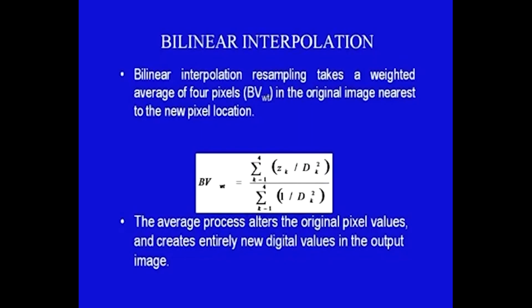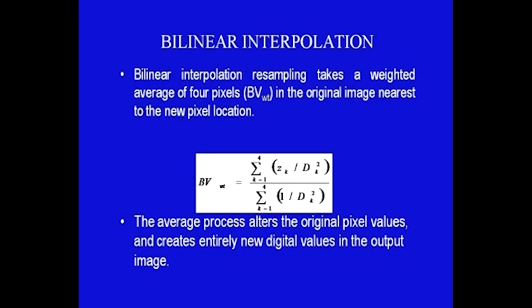Then we come to the bilinear interpolation. Bilinear interpolation resampling takes a weighted average of the 4 pixels in the original image nearest to the pixel location. That is, as seen in the previous slide, wherein a graphical depiction of the location of the rectified pixel and the 4 nearest pixels lying in the close vicinity has been shown.